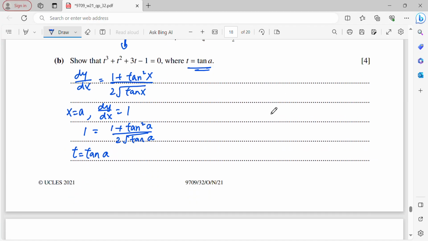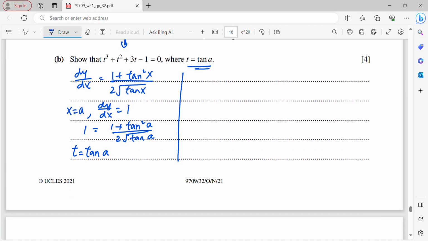That means I will get 1 equals (1 plus t squared) over 2 square root of t. Okay, so the 2 square root of t I will move up. Then the right hand side will be 1 plus t squared. But then when we look at the question here, there's no square root. Means that now we need to square both sides.